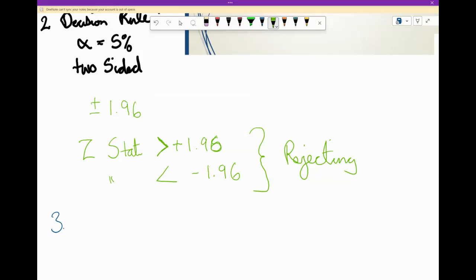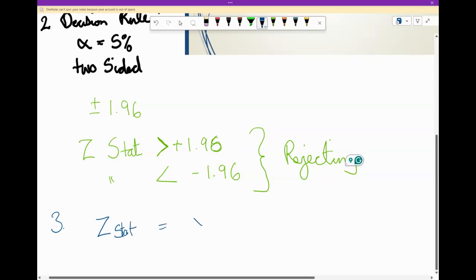So step number 3, the formula we're going to use, let me change this to blue. Z equals x minus mu, divided by the standard error. You're going to see this is quite familiar.